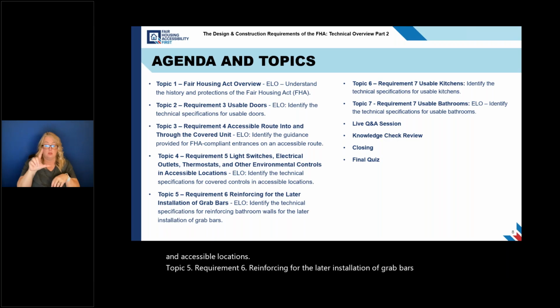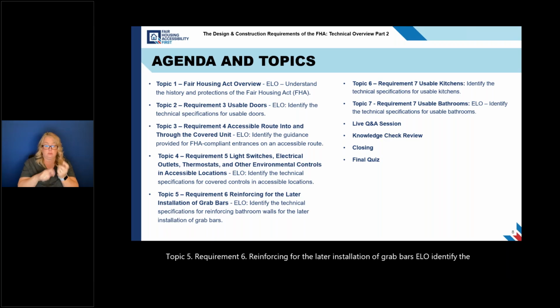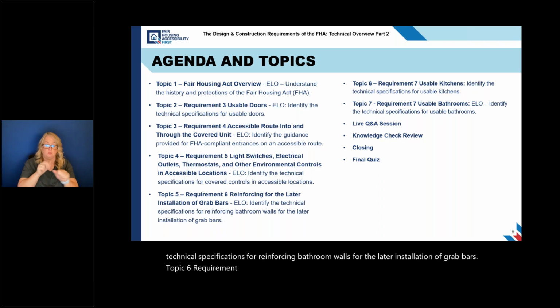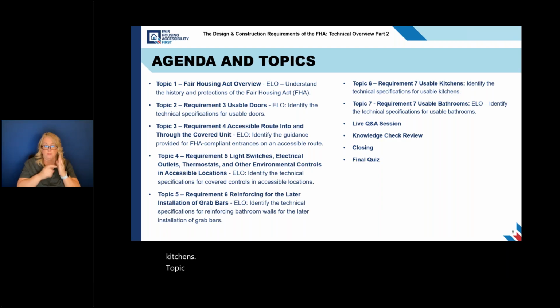ELO, identify the technical specifications for reinforcing bathroom walls for the later installation of grab bars. Topic 6, Requirement 7, usable kitchens. ELO, identify the technical specifications for usable kitchens. Topic 7, Requirement 7, usable bathrooms. ELO, identify the technical specifications for usable bathrooms.